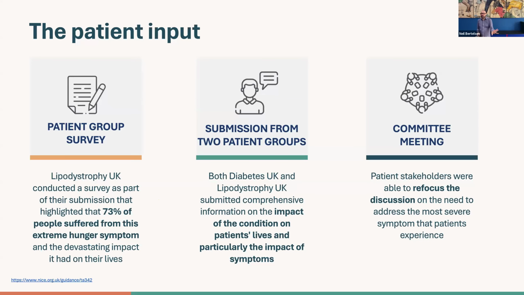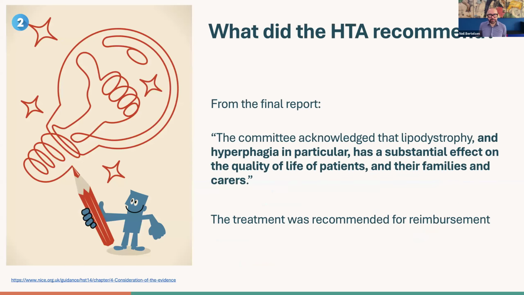The patient groups provided a survey. They showed that a really high proportion, nearly three quarters of people with this disease, suffered from this symptom. They had submissions from two patient groups really emphasizing the impact of these symptoms. And that was really brought to the fore in the committee meeting, where they were able to refocus the discussions.